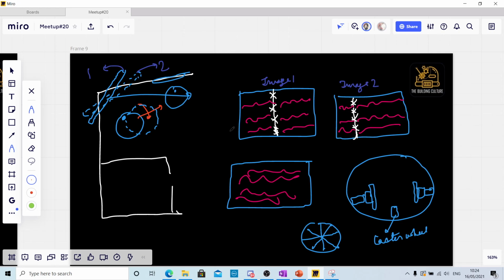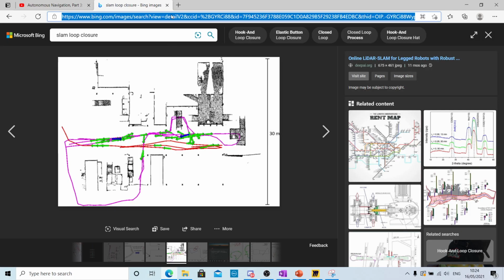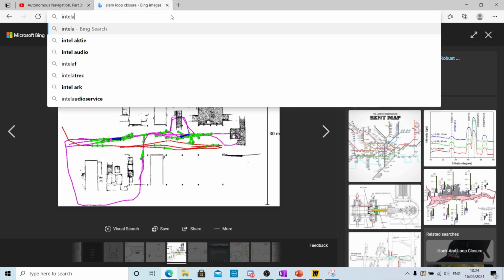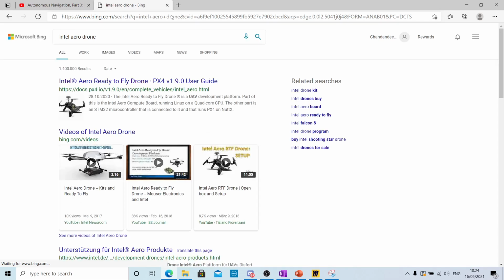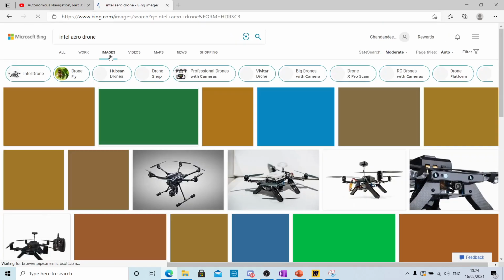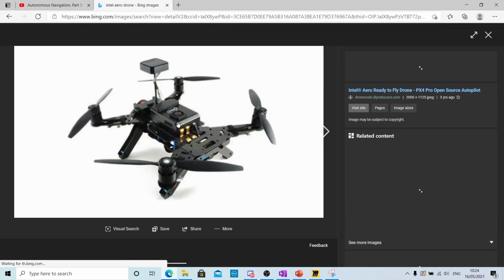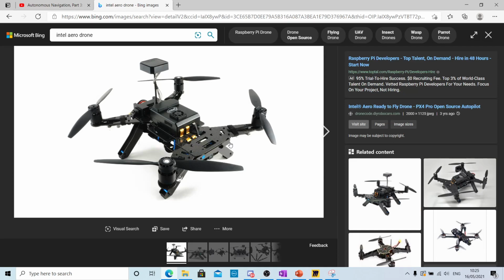So actually, I think processing is really important. What I used SLAM on was a particular drone, equipped with a RealSense camera.